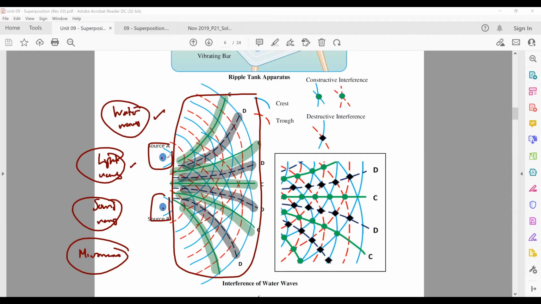But this time, these two sources are producing light waves that are spreading outwards in a circular wavefront. Okay, we would expect to see constructive and destructive interference too, but can we shine a light onto the pattern to see the shadow of the light?